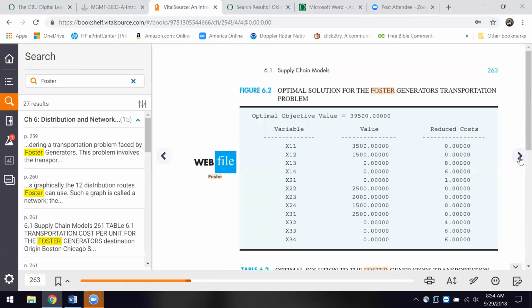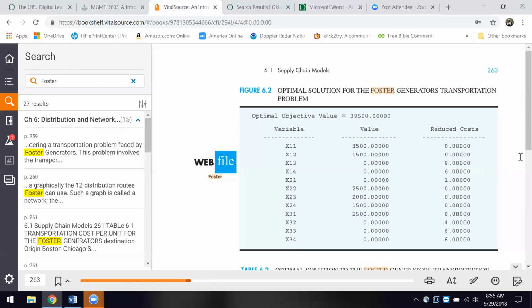And then here, of course, is the output, the solution. What we look at here is we start with the variable, and that X11 is, I think, Cleveland to Boston, and we see the value, that is, how much we are going to spend to meet the demand. And then we see whether there are any places that show us reduced costs.